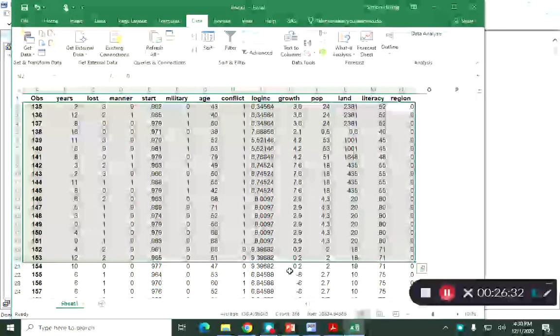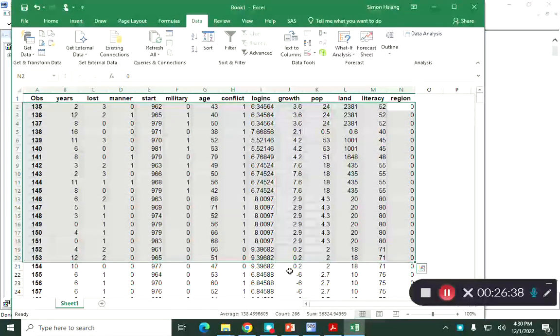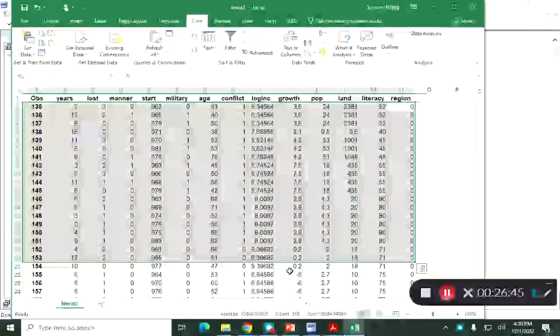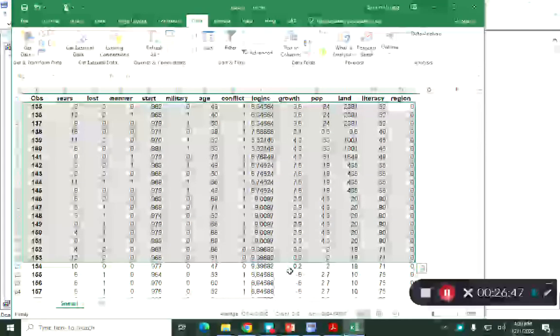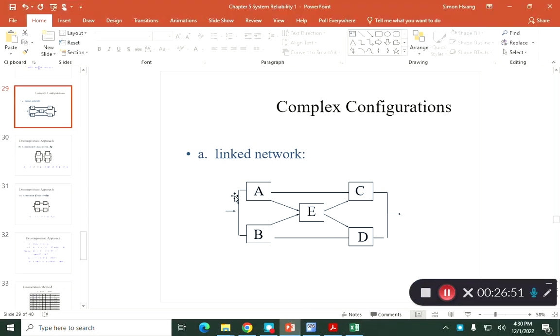Then after we do that, given the covariates, let's say the leader lasts for 10 years, can you figure out their reliability? Can you do that? Yes or no? Yes. Okay, so if we can do that, what is this problem going to be?